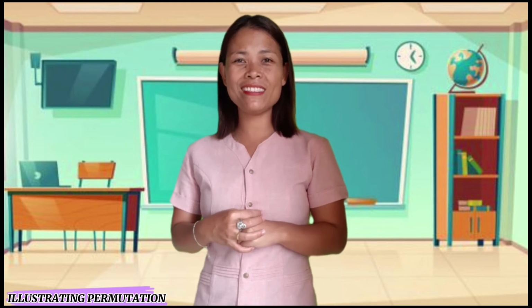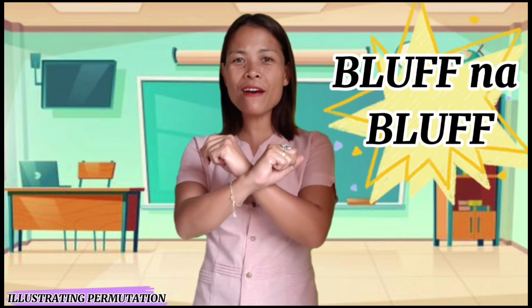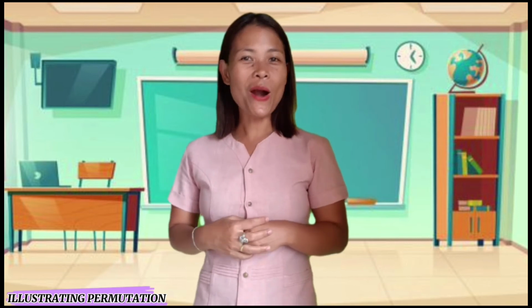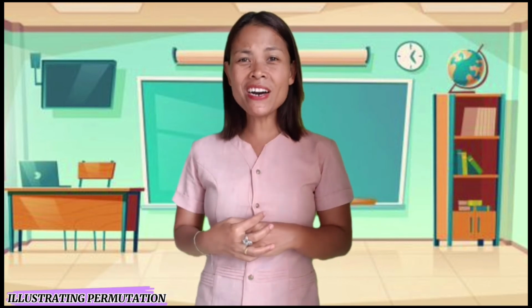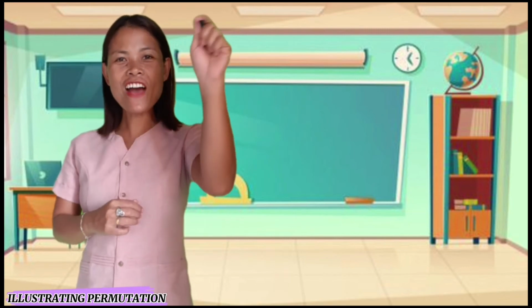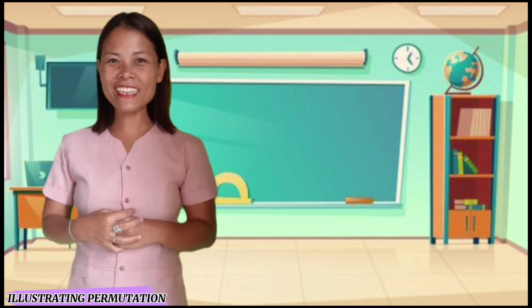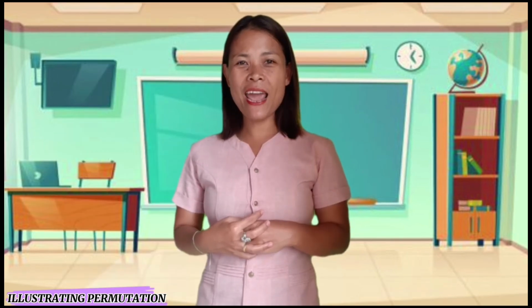And if it is not permutation, then you are going to say Bluff na Bluff. Now, are you ready? Good! Can you try that? Fact na Fact, Bluff na Bluff. Great! Let the game begin.